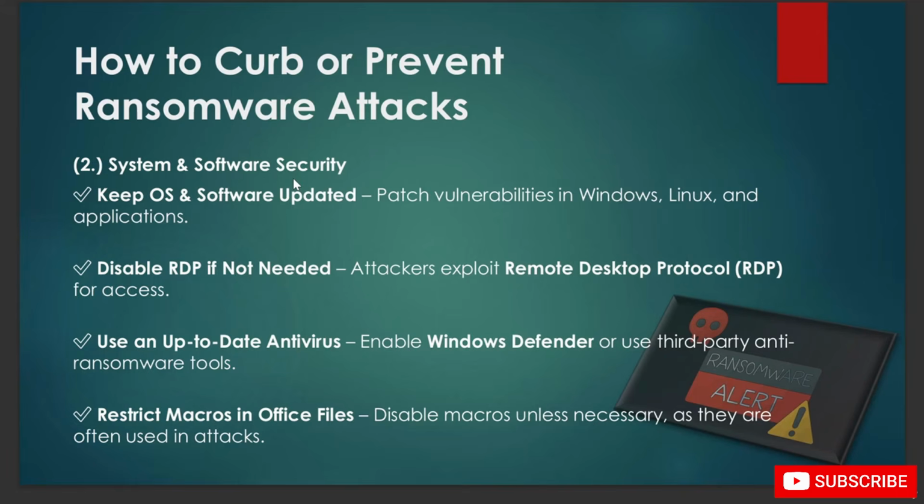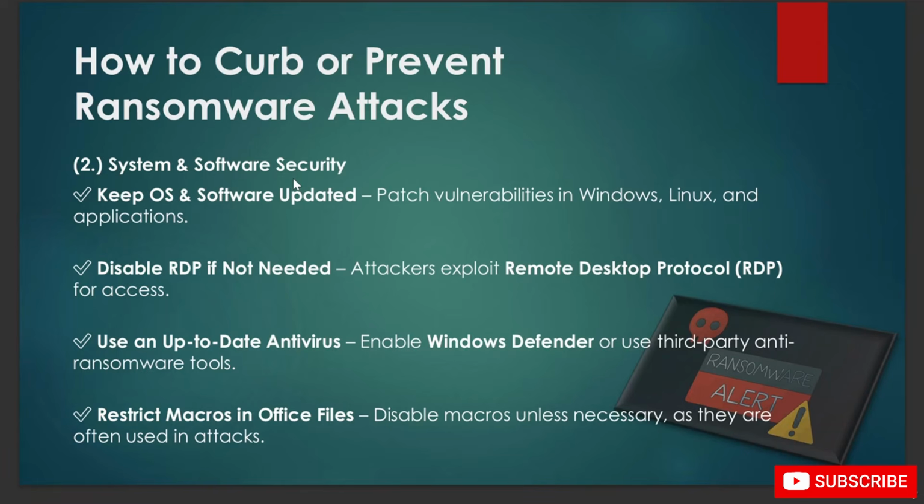Patch vulnerabilities in Windows, Linux, and your software applications by updating your software. Now disable remote desktop protocol if not needed. Attackers exploit RDP to gain access. So always disable these services whenever you are not using them or whenever you are not in need of them.